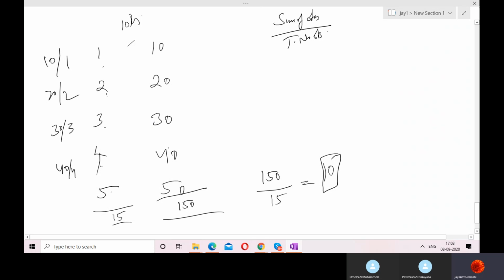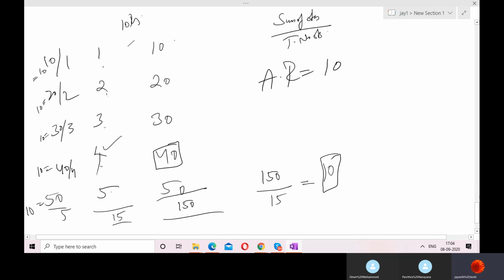That is the cost divided by number of items. 50 by 5. Every time you will be getting 10. So can I say average revenue is 10?